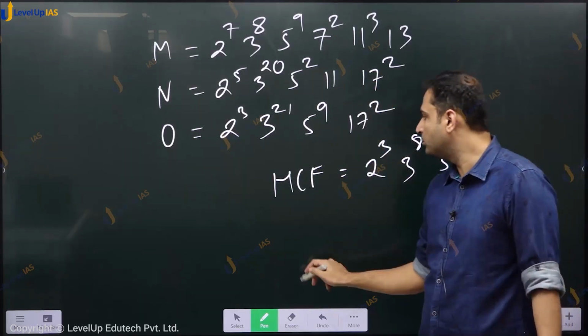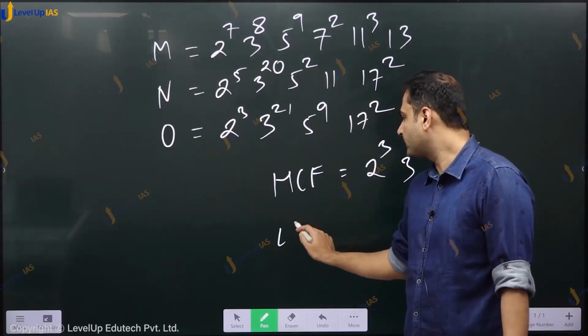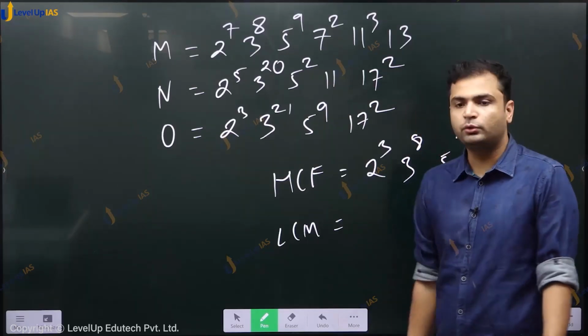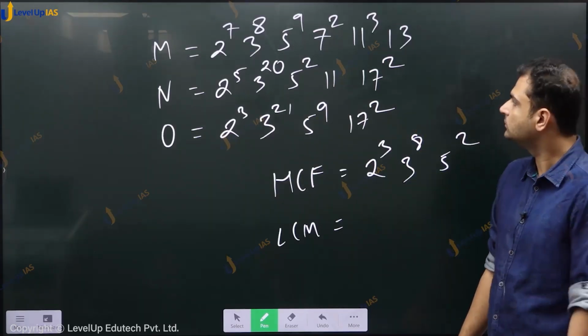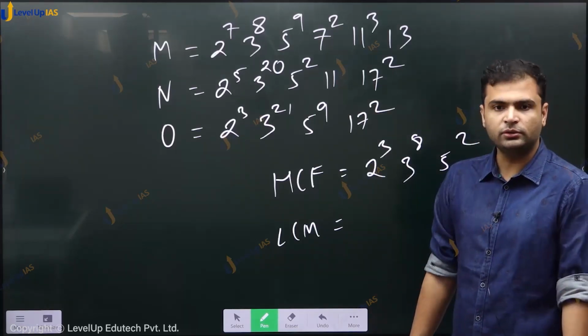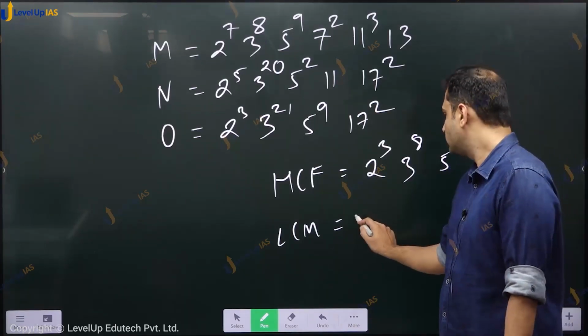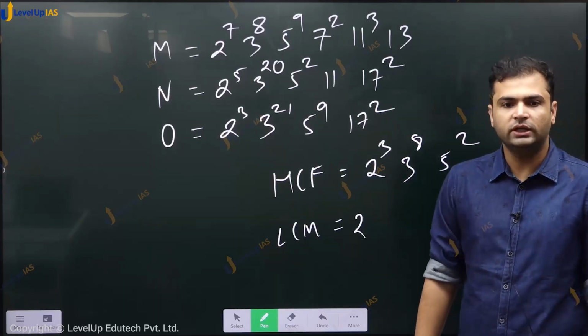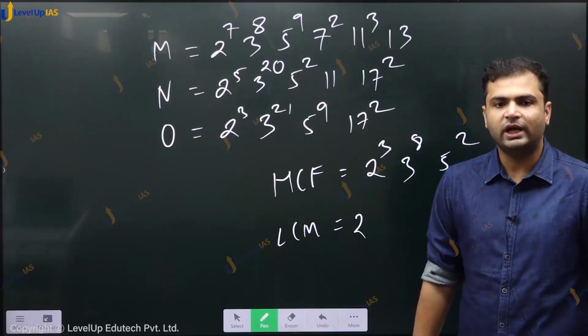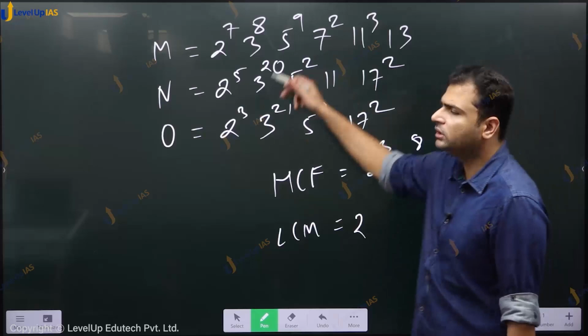And for the same three numbers, if I have to calculate LCM, what would it be? Because I am calculating LCM, which is the least common multiple, that number has to be a multiple of all the three numbers.